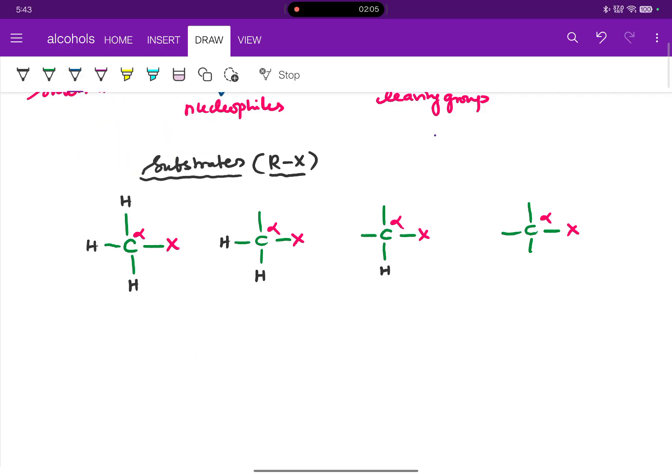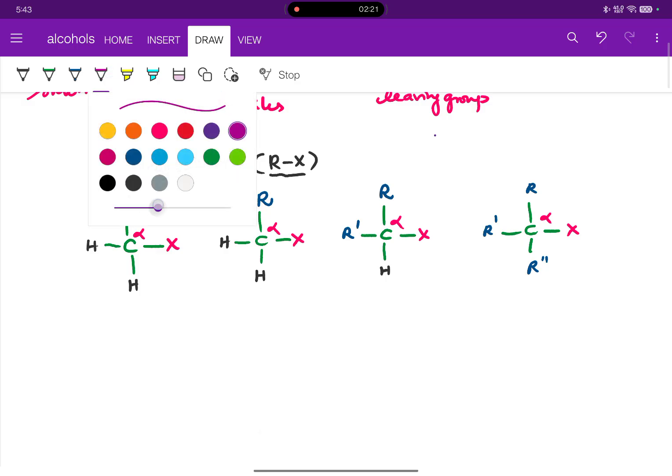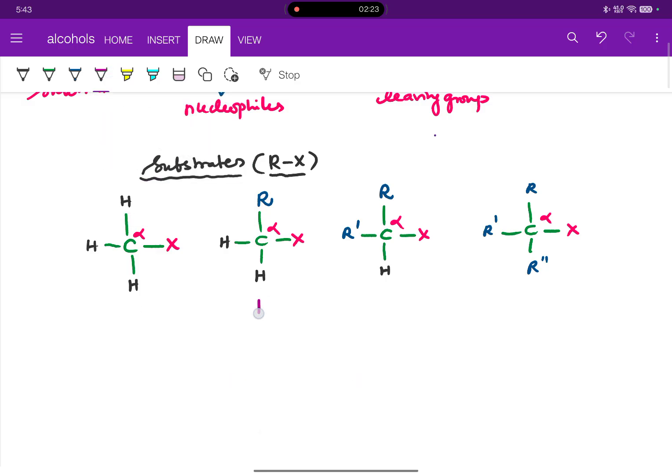The remaining are alkyl groups, carbon. So methyl is a separate class. Now the question is, which one will be more reactive towards the nucleophilic substitution reaction?